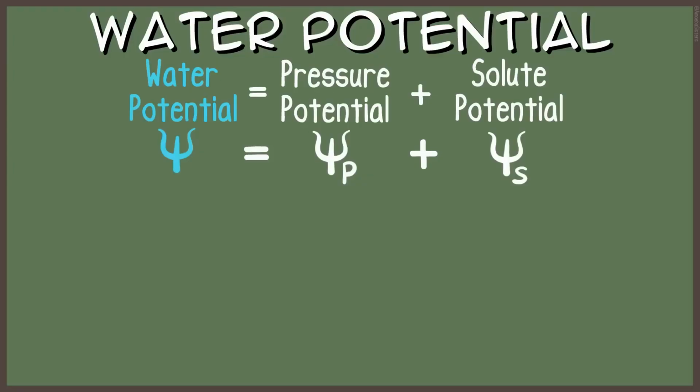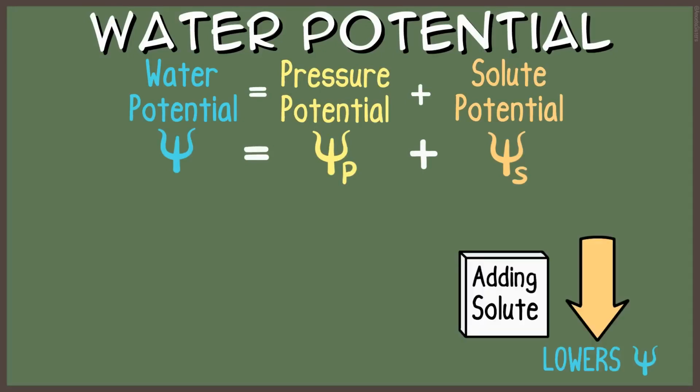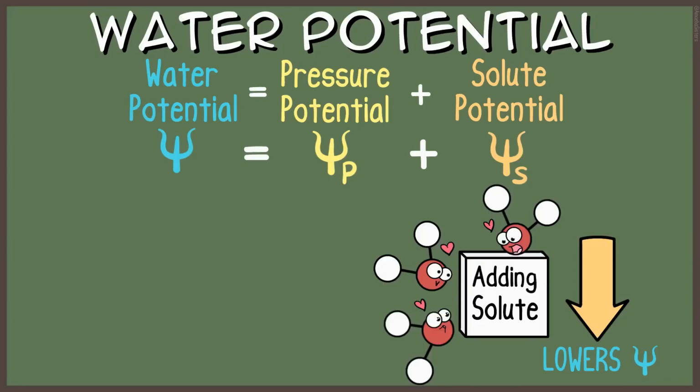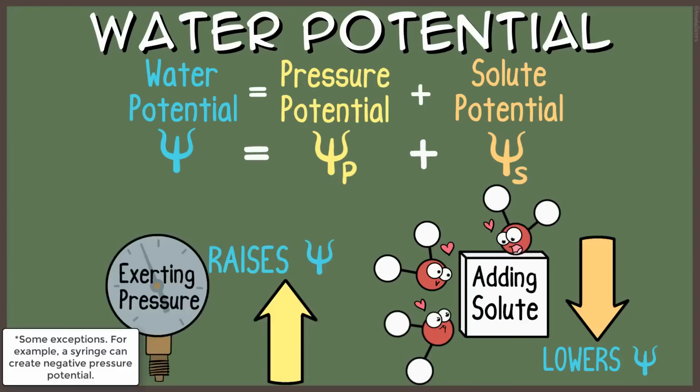So the formula is water potential is equal to the pressure potential plus the solute potential. Adding solute actually causes the solute potential to have a negative value and the overall water potential to lower. Water will travel to areas of lower water potential, but exerting pressure can raise the pressure potential, a positive value, therefore raising the total water potential.